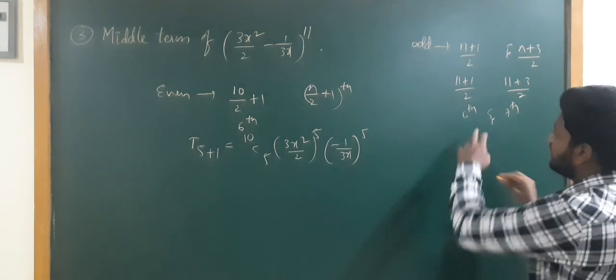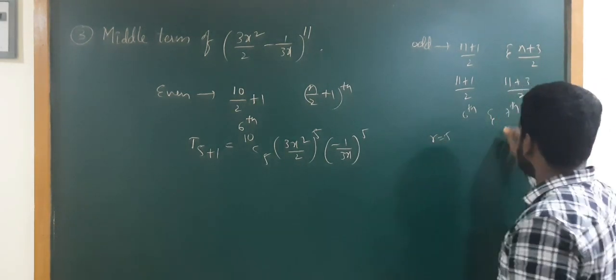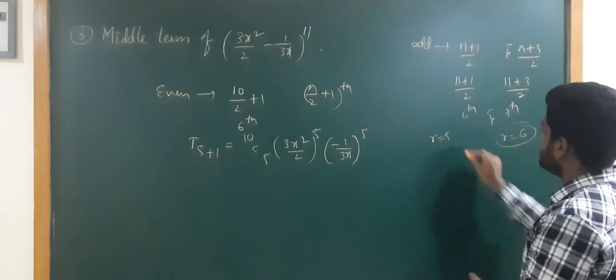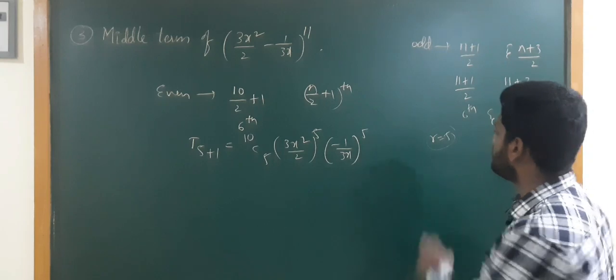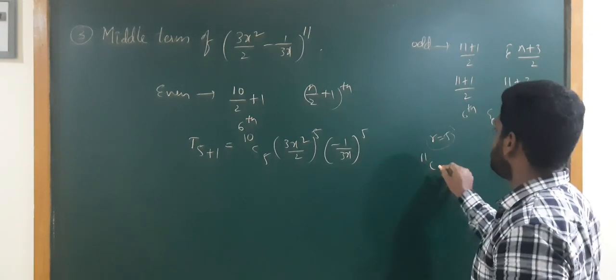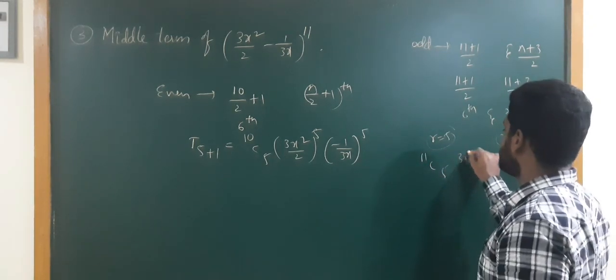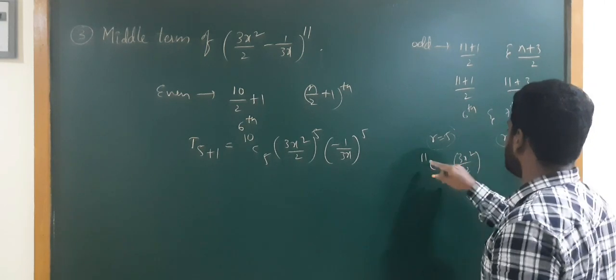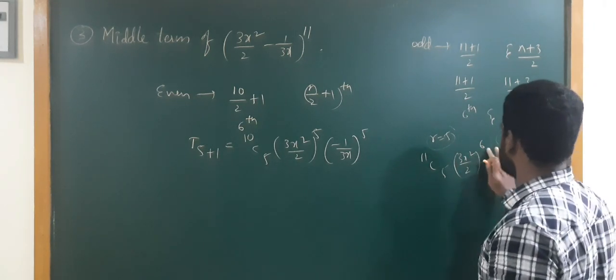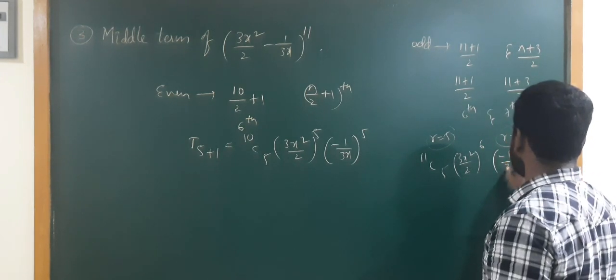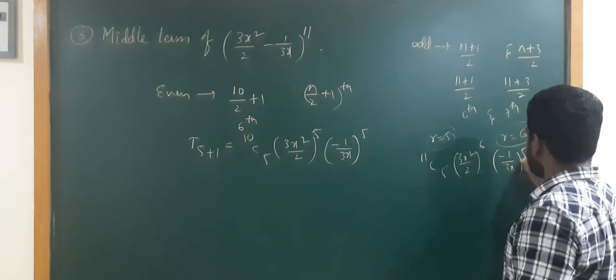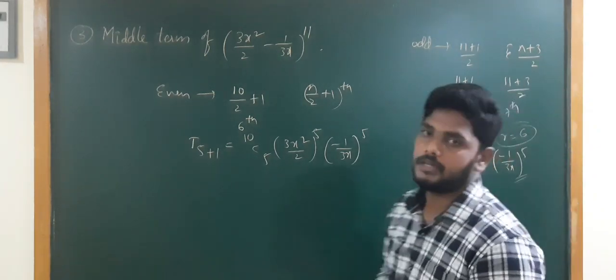If it is the 6th, the r value is 5. If it is the 7th, the r value is 6. Doing this in mental calculations, to find that middle term directly you need to do 11c5, 3x square by 2 whole to the power of 6, sorry, this is 6, into minus 1 by 3x whole to the power of 5. Like this we directly find the middle terms.